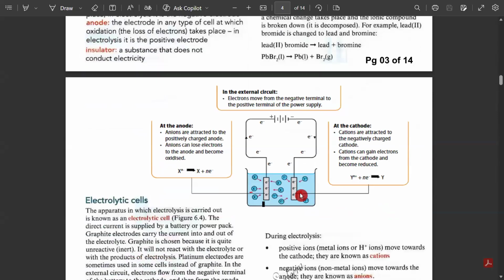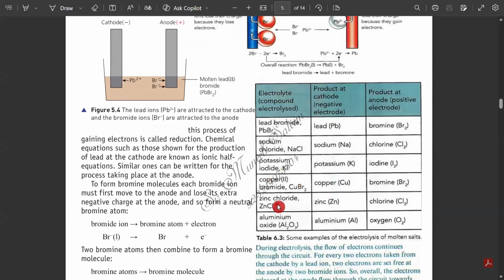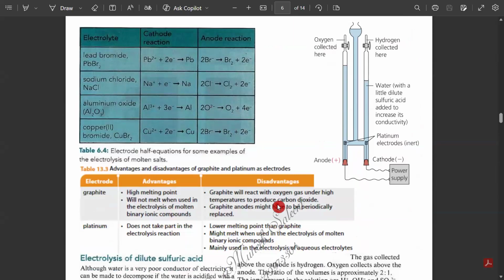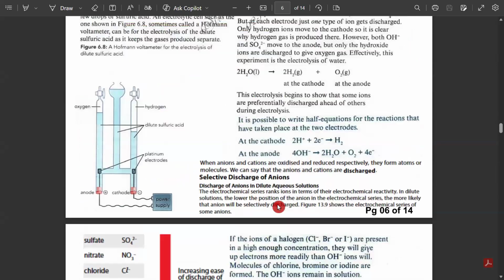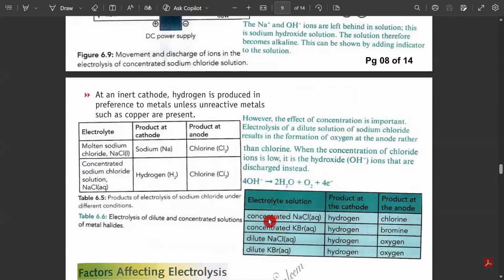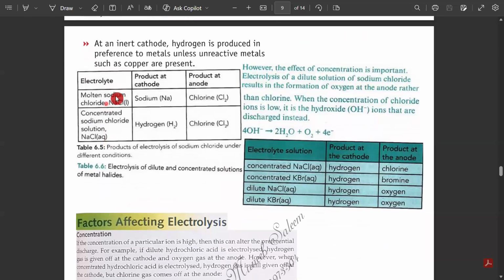So here we have the 3 different parts. We have the concentrated NaCl, we have the dilute NaCl, and we have the molten NaCl. All three different situations are there.